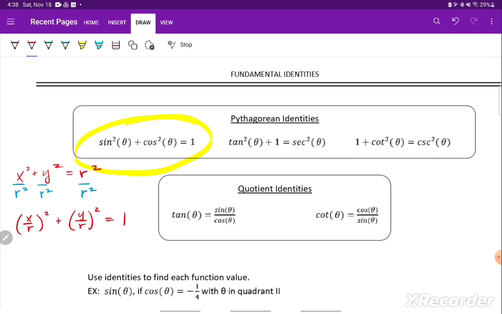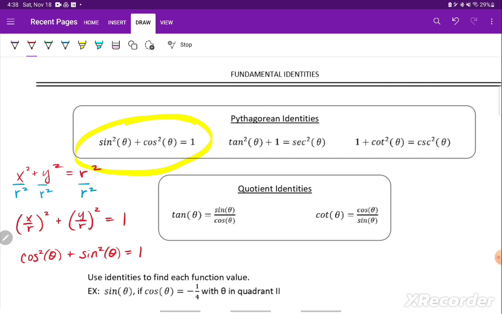And by definition, x over r is cosine, and y over r is sine. So this brings us to cosine squared plus sine squared equals 1, which is that first Pythagorean identity. I just have it in a different order there.